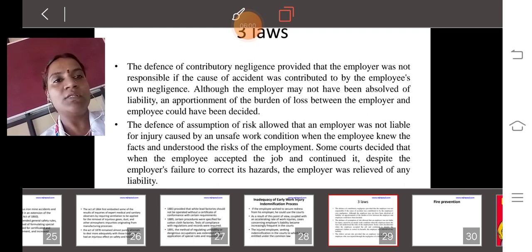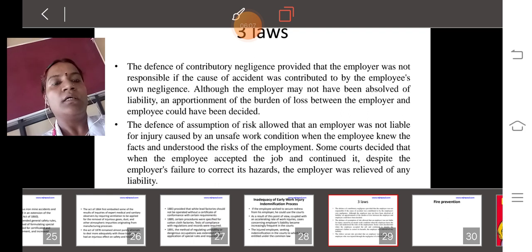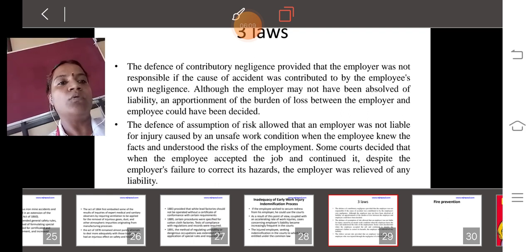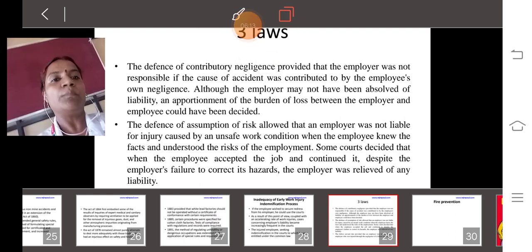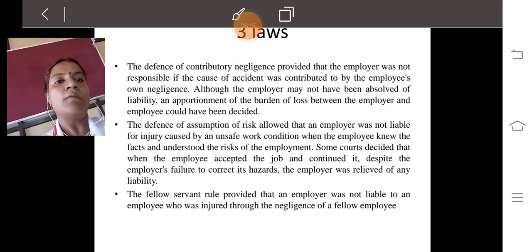This is the first law. And the second law says the employer was not liable for injury caused by an unsafe work condition.